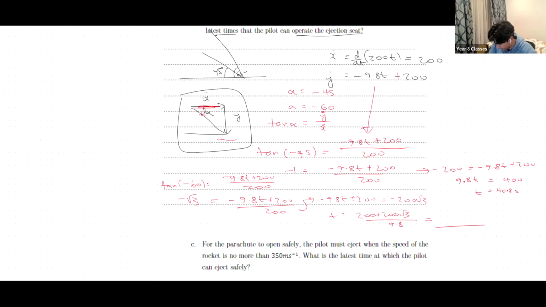Yep, I just put it as 55.7, but same thing.